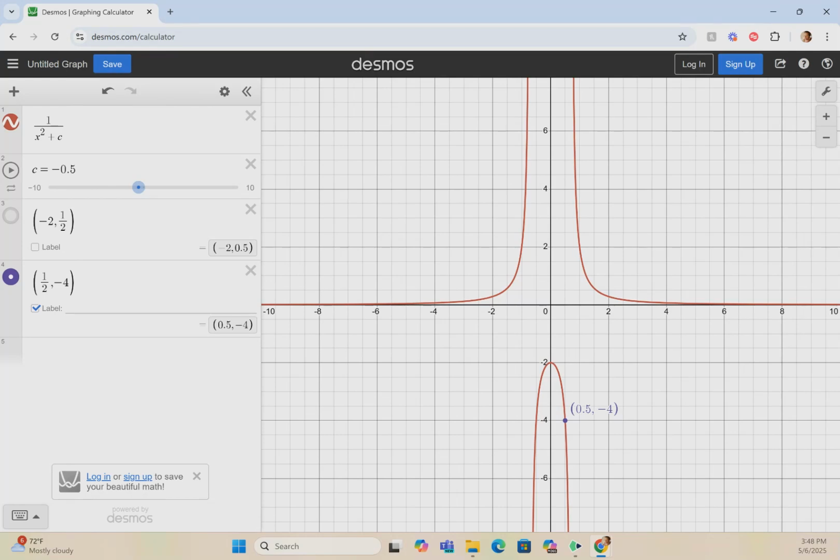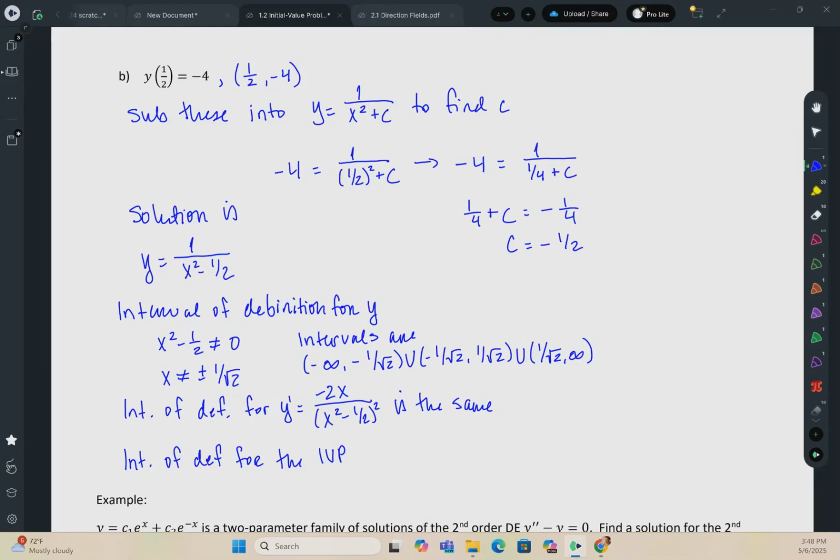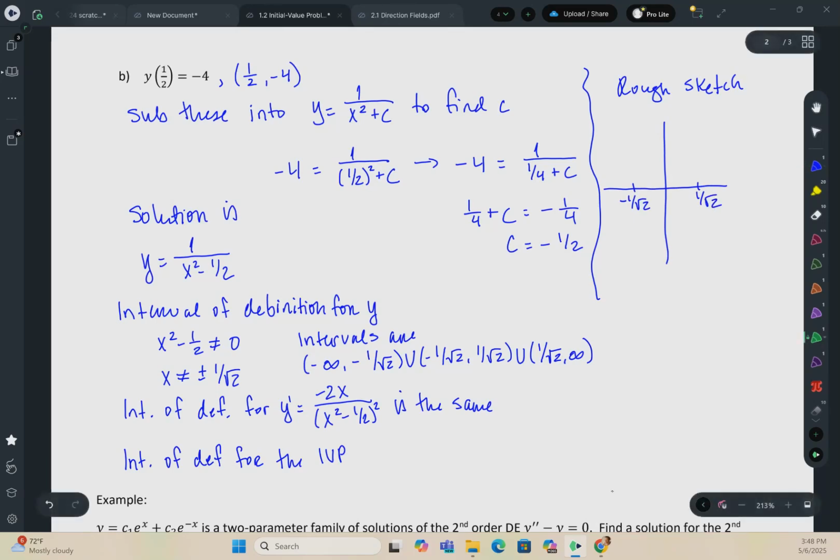And again, I can kind of draw a really rough sketch of this to see it, so that we just have it here in our work. We know that the problems were negative 1 over square root 2 and positive 1 over square root 2, and our graph looked kind of like this.